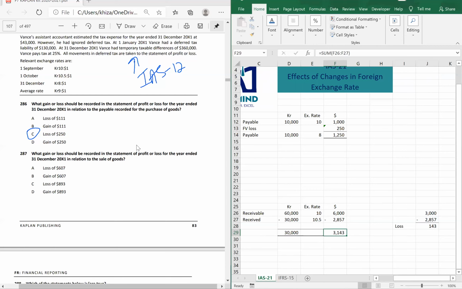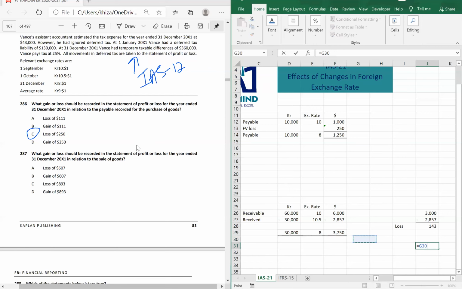Next up, you have to obviously revalue this amount at what rate? The rate at 31st December is 8, right? So it's 3750. Now the remaining half, the remaining 30,000, because of the change in exchange rate, has been revalued to 3750.